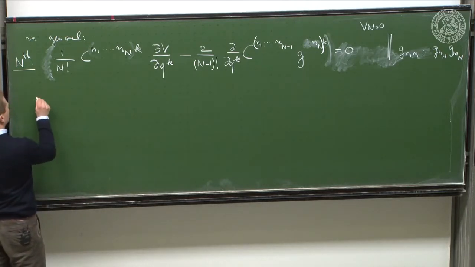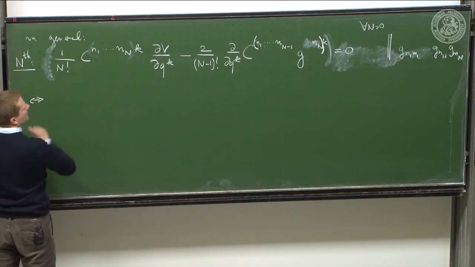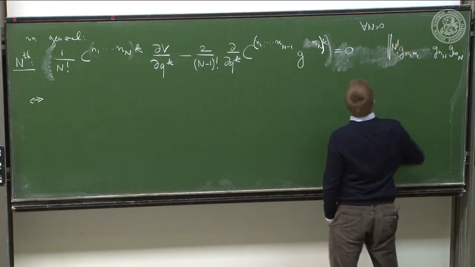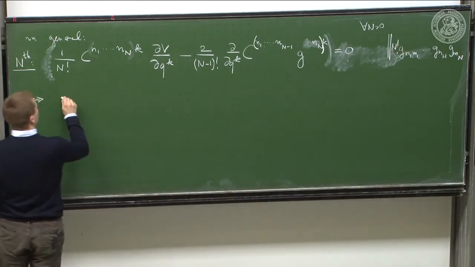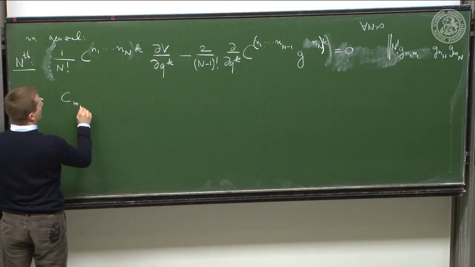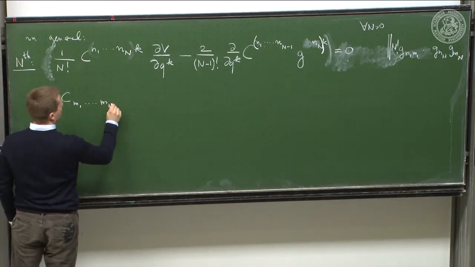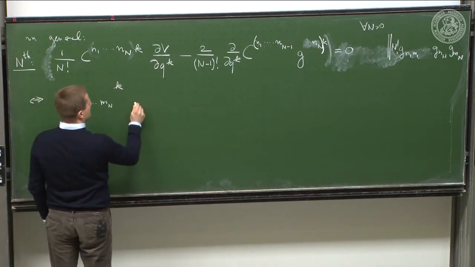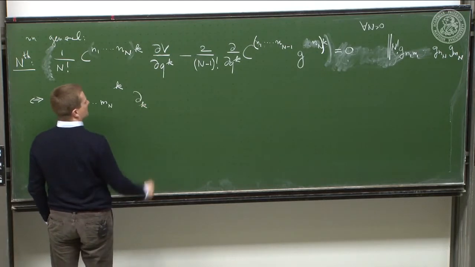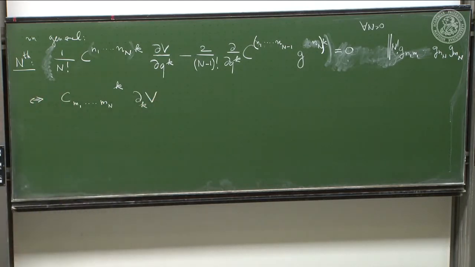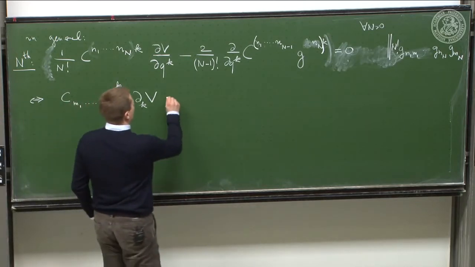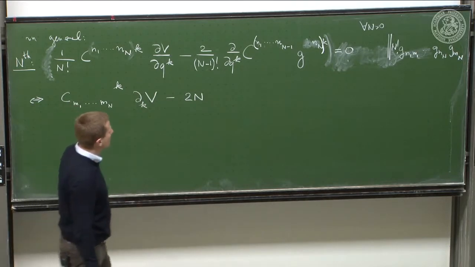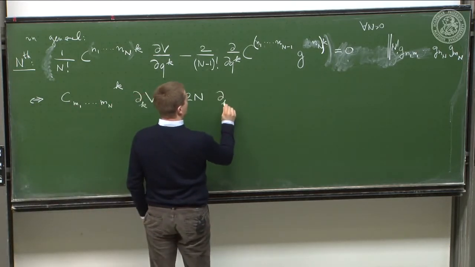So what we get then from that, it's equivalent to, and we could multiply by n factorial, because that cancels this factor here. So then we get C_m1 to m_n up k. The k stays up there. And now I write this derivative del_k just means with respect to spatial coordinates. del_k v minus 2n, because n factorial and the 2 and so on. And here I have del_k, spatial derivative.